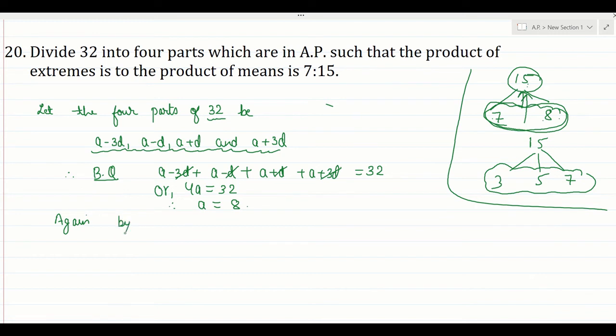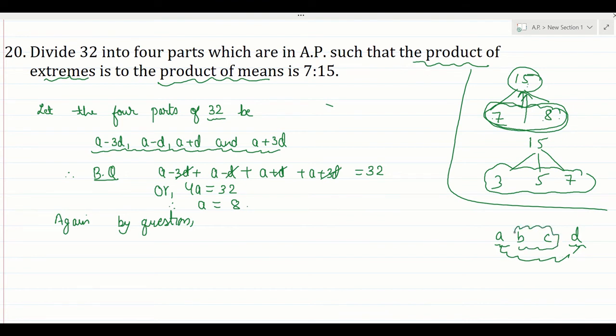Again, by equation, it is said the product of extremes is to the product of means. Already discussed, suppose we have numbers A, B, C and D. The numbers which are at corners are said to be extremes. So in this case, A and D are extremes, whereas B and C are said to be means. Is this clear?